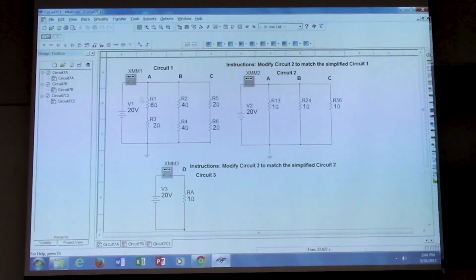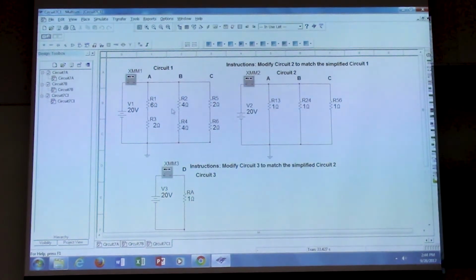So we take this complicated circuit that has 3 branches with 2 resistors in each branch, and then we want to simplify it so that we have a circuit with 3 branches but only 1 resistor in each branch, right? And then we want to take this circuit 2 and simplify it even more so that we just have a single resistor.